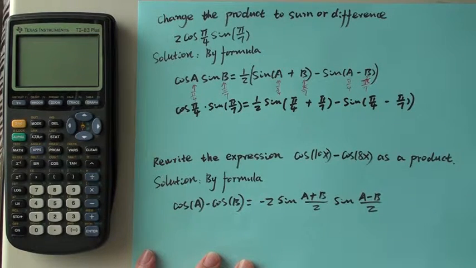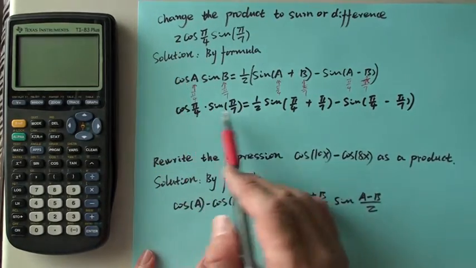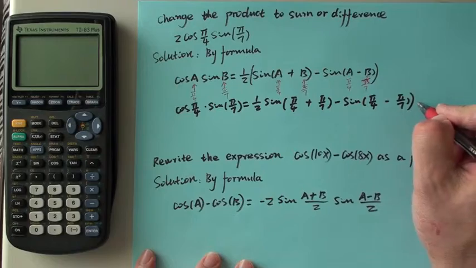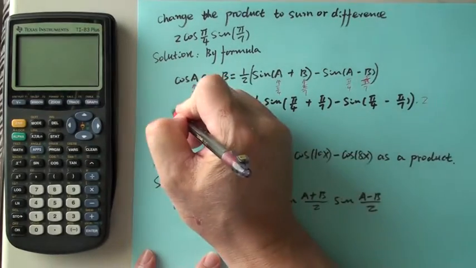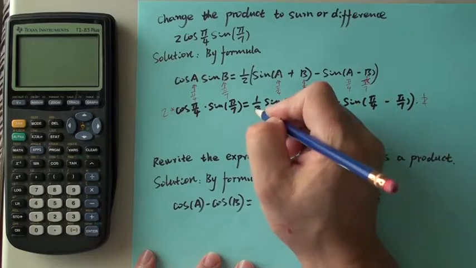Now, here we have a 2 in front of it on the right side, and here we don't. So we multiply both sides by 2, and then these 2s will cancel the 2 downstairs.